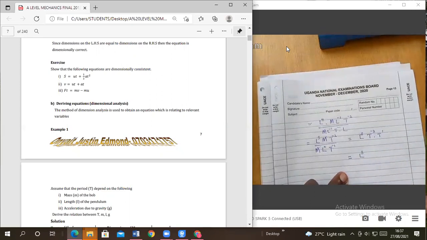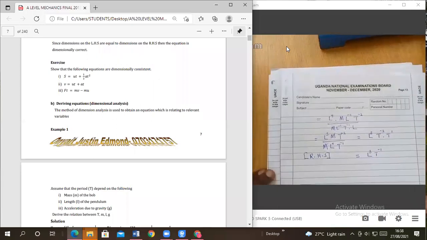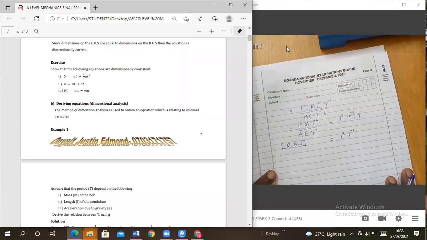What does it give us? T to the power -1. So this is the dimension of the right hand side. When you see the left and the right, are they the same? Yes.